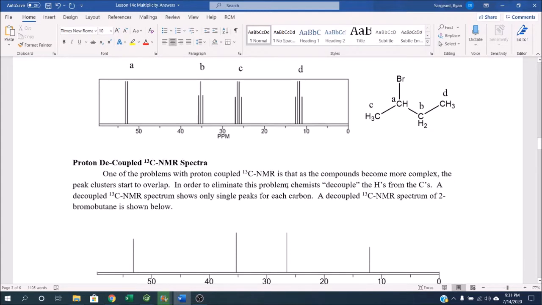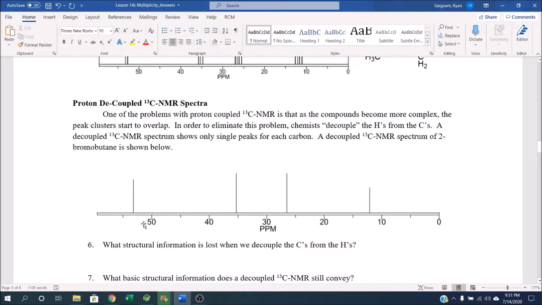And so for experimental ease, it's more common that you'll see what's called a decoupled C-13 NMR spectrum, where instead you just don't get any peak splitting at all. There's no multiplicity, everything's a singlet, and it does not matter how many hydrogens are connected to each carbon.